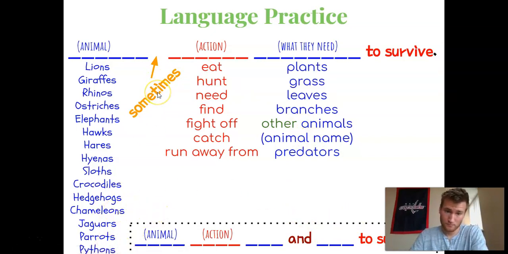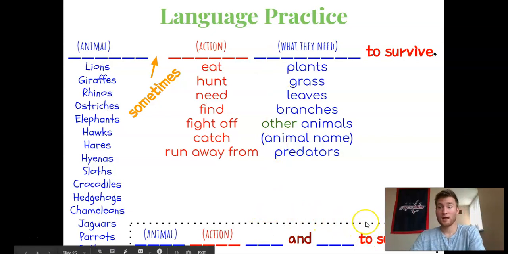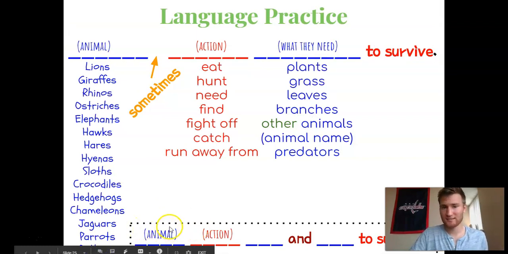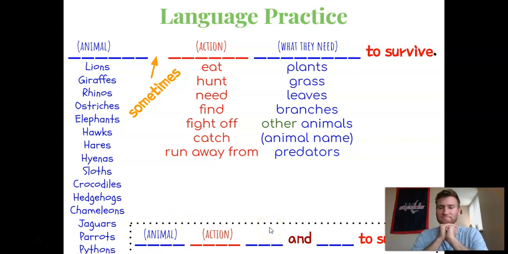Pythons, sloths. Now come up with your own sentence using sometimes and the word and. Sometimes eats, hunts, finds, and to survive. Come up with your own sentence.